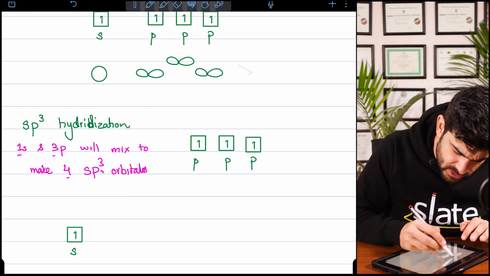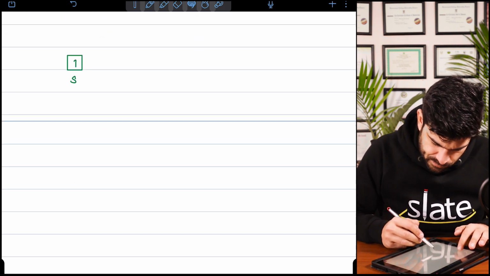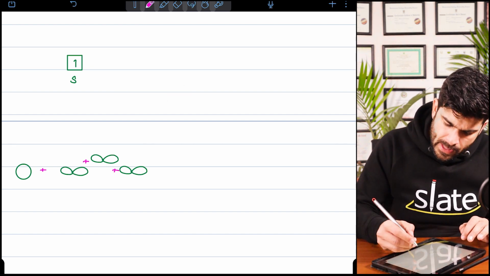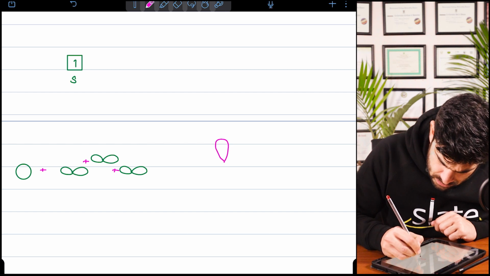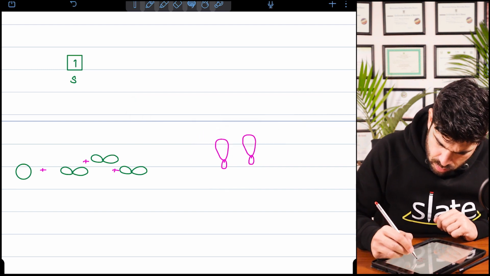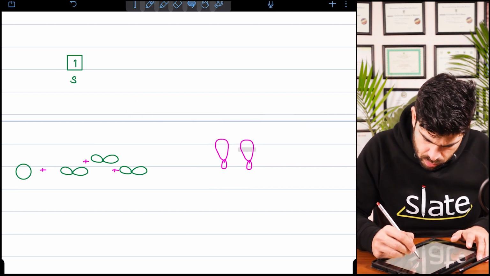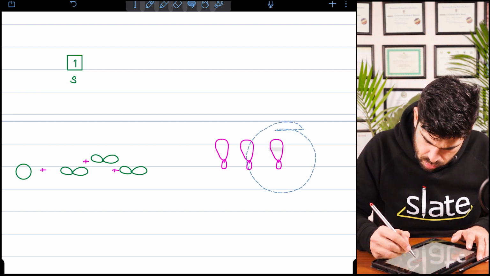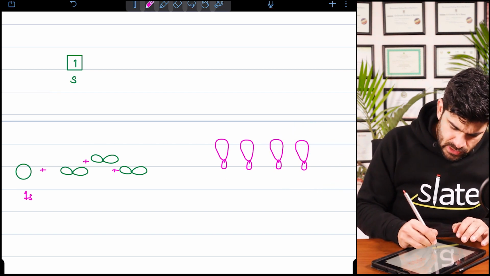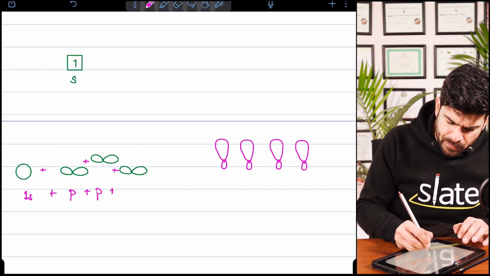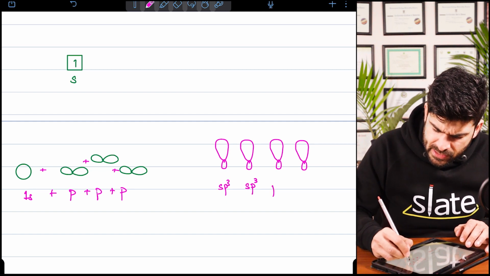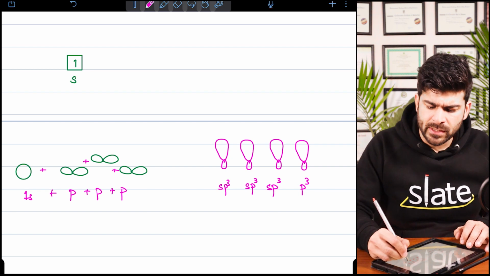So if we have these orbitals, these 4 will mix up and will ultimately make 4 of these. So 1s, p plus p plus p will make an sp3, another sp3, another sp3, another sp3.